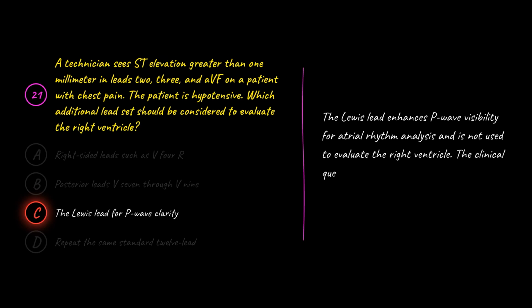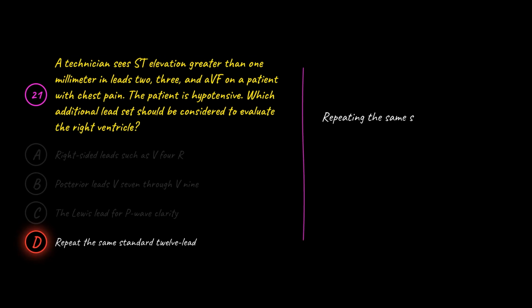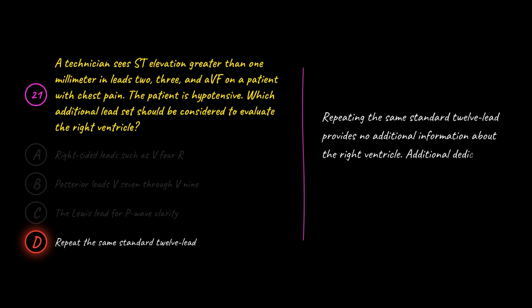The clinical question here is about RV involvement, not atrial activity. D is wrong because repeating the same standard 12 lead provides no additional information about the right ventricle. Additional dedicated leads are needed to look at the territory the standard leads do not view.